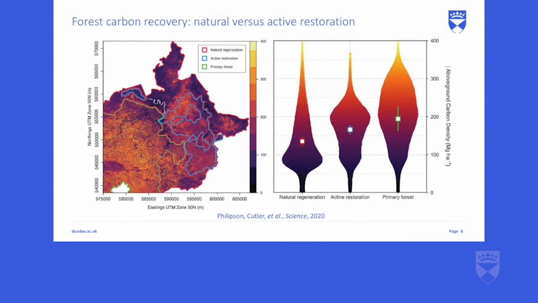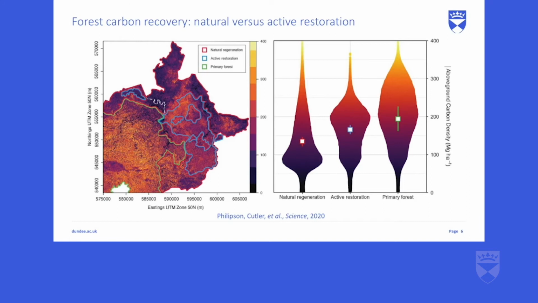And we also looked at this not just in our forest plots, but over space as well. So the map on the left is derived from a laser scanning instrument called a LiDAR. And on the left-hand side, you can see an area of conservation area, so forest that's never been logged. And the plot on the right-hand side, what we call a violin plot, is essentially the distribution of data in those different areas. So what we see is a really high amount of carbon in the pristine forest.